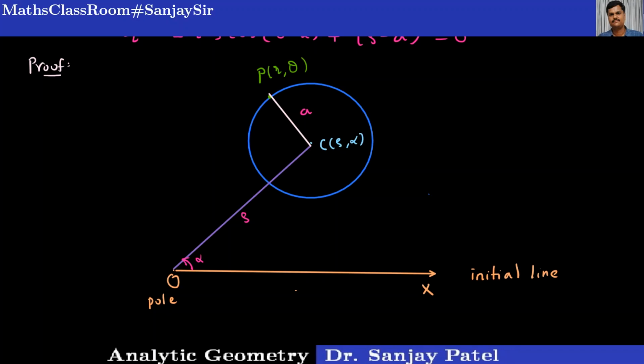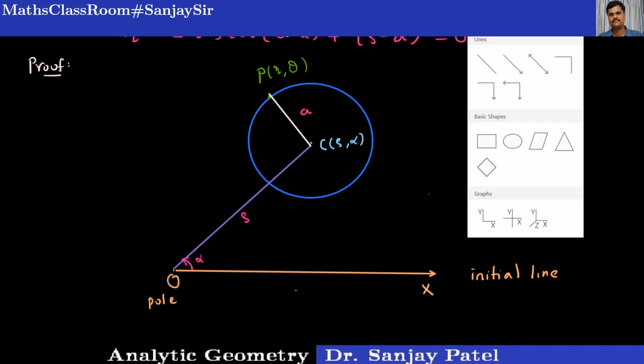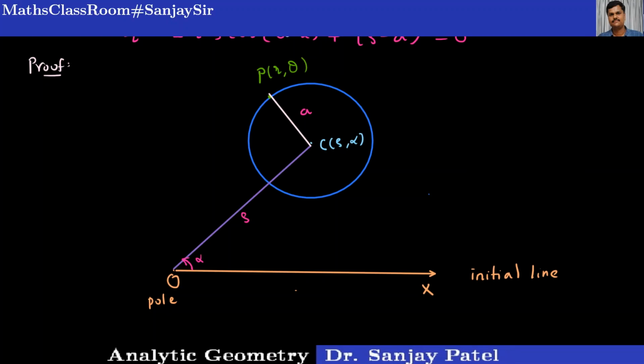To understand that, I join this point P and the pole O. So line segment OP is equal to r, and this angle POX is equal to theta.